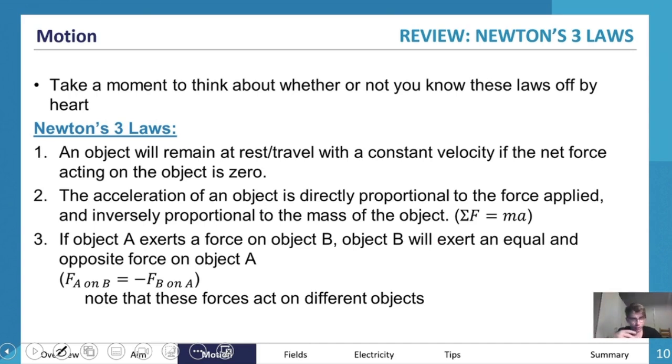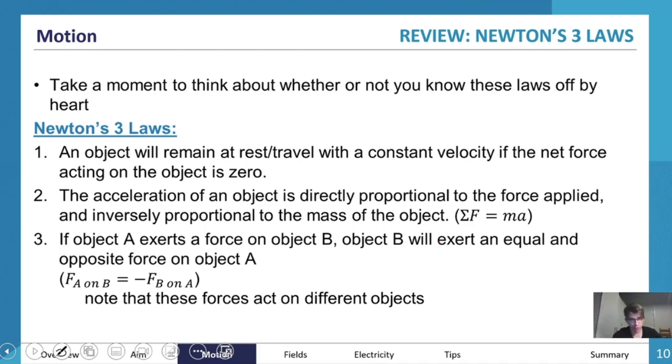For example, at the moment, I am not accelerating on the vertical plane. The reason for that is because the net force acting on my body on the vertical plane, now that I'm sitting on the chair, is equal to 0, right? There is a weight force by gravity pulling me down, but there's also the normal force applied by the chair and the ground combined, pushing me up. The normal force that pushes me up is equal to the weight force that pulls me down.